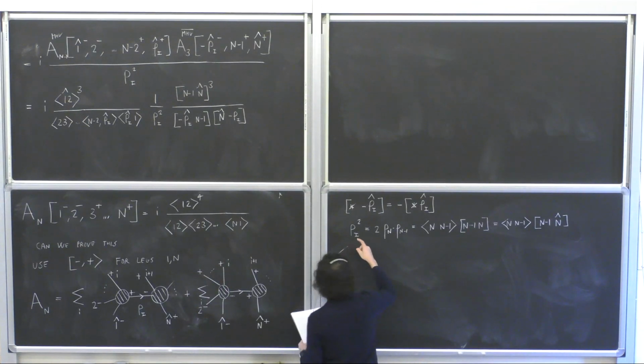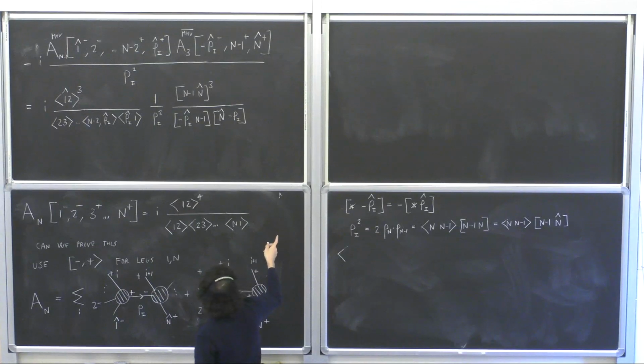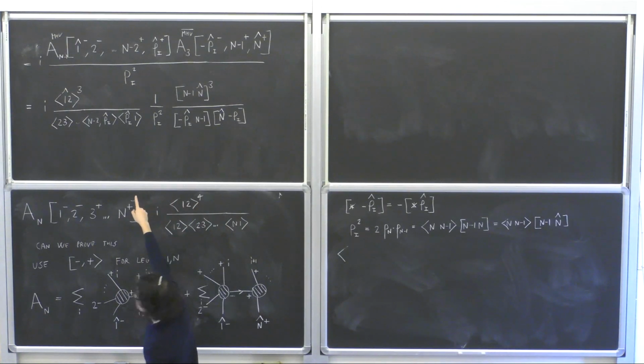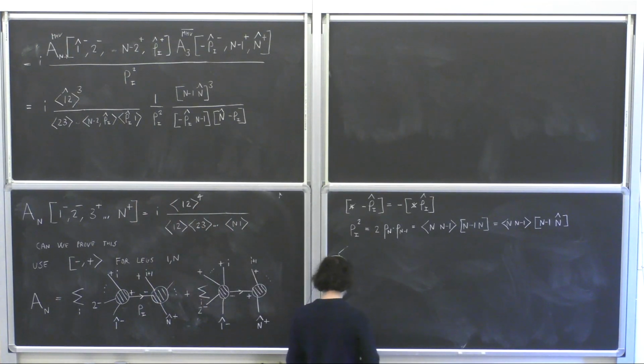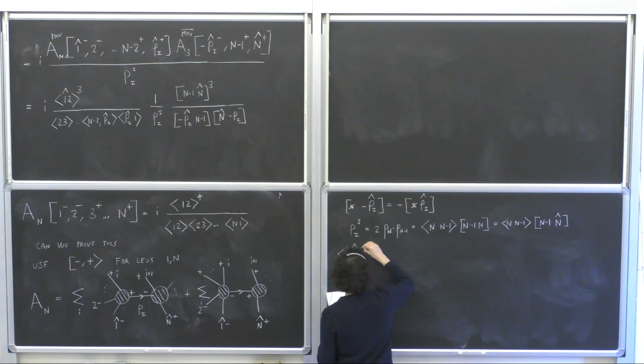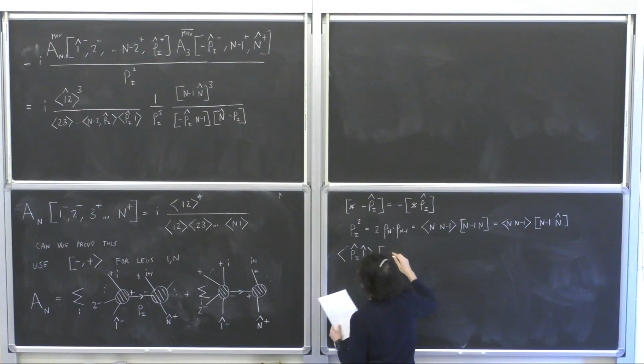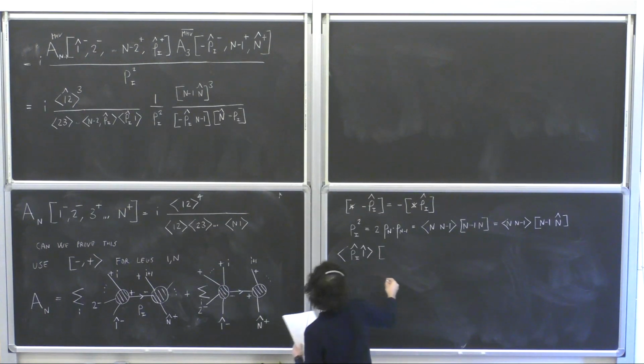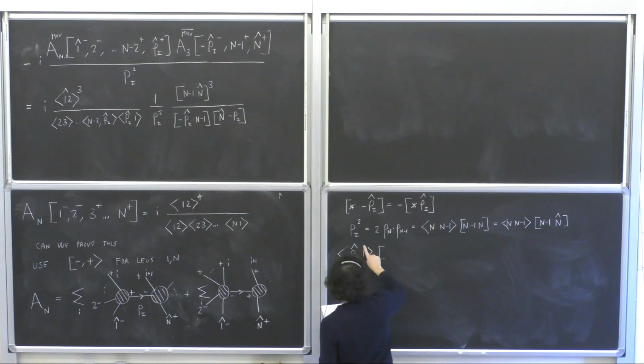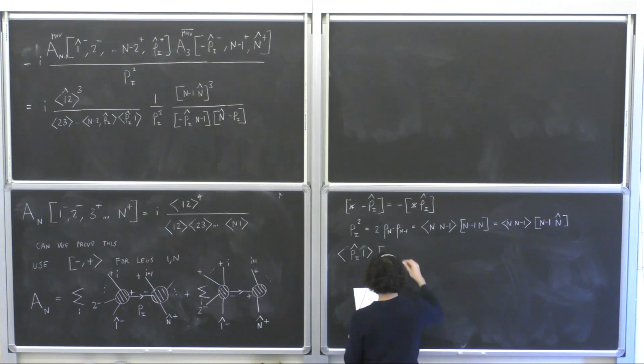Okay, so this is what happened. Then I want to combine the two terms over there from the angle brackets with the ones of the square brackets and try to use momentum conservation. I'll show you what happens in one case. So we have the angle bracket between P_i and 1, and we put this together with the square bracket with P_i and n-1. You can also do it with the other one if you like.